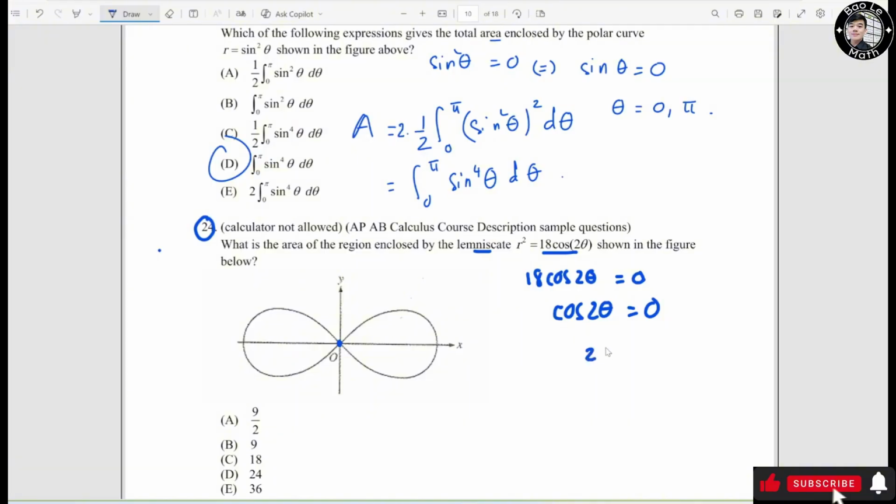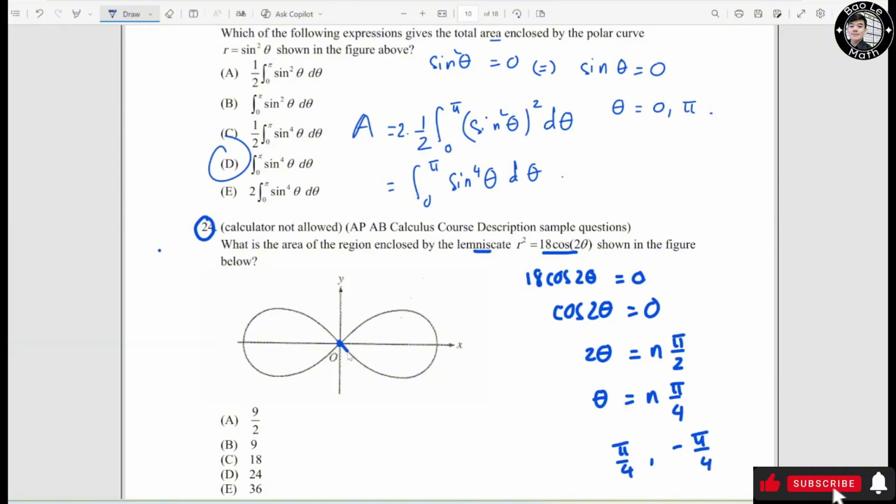And 2 theta equals n pi over 2, right? Theta equals n pi over 4, right? So you know that n is an integer, right? If n equals 1, we get pi over 4. n equals -1, we get negative pi over 4.